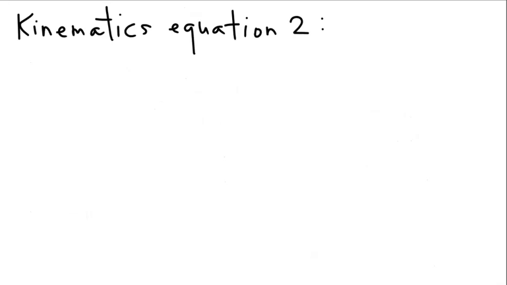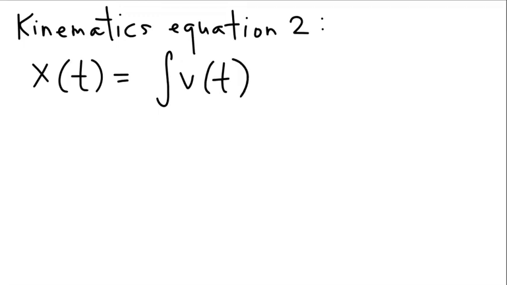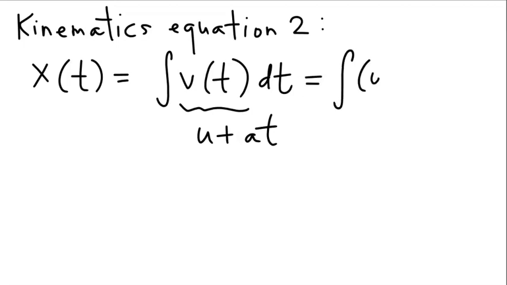Let's look at the second equation. The second equation can be obtained by using the definition that relates the position of the object at any time t as an integral of velocity with respect to time t. Now we have already found this velocity function in a previous slide, which is quite simply u plus at. So if we substitute this function inside this integral, you get the integral of u plus at dt.